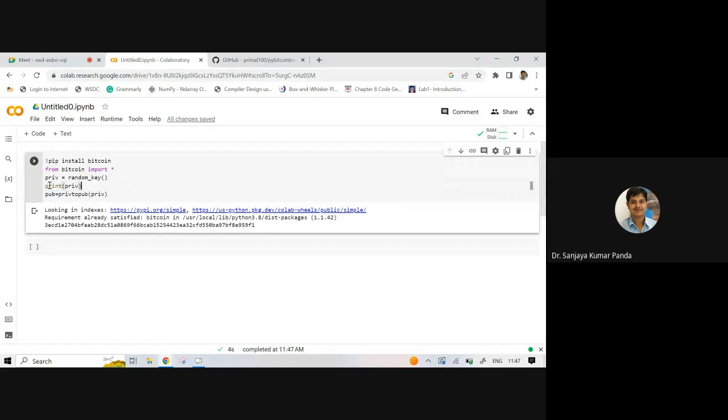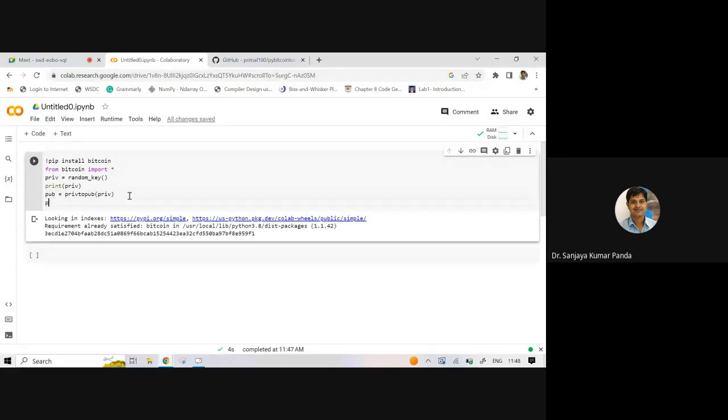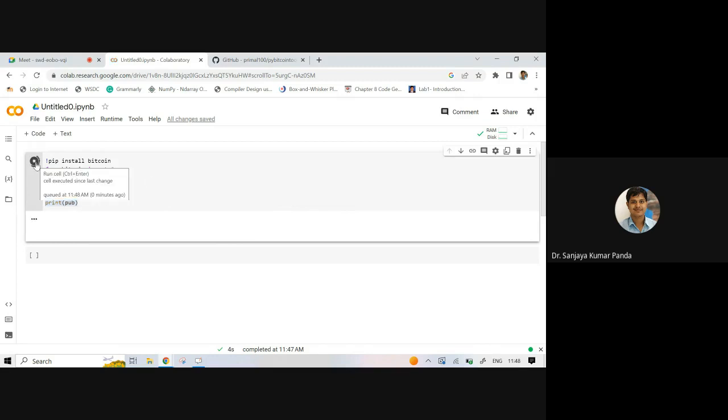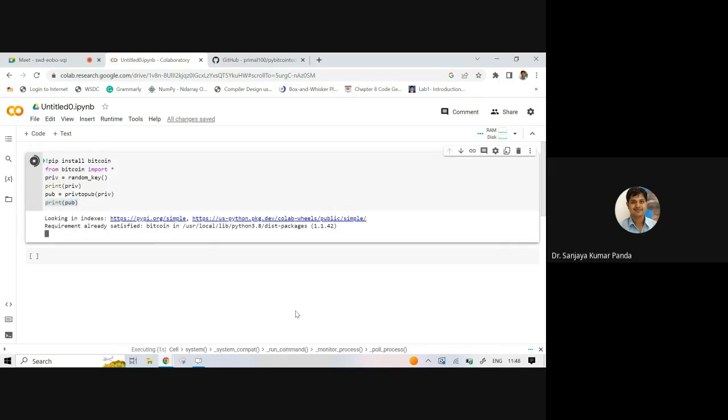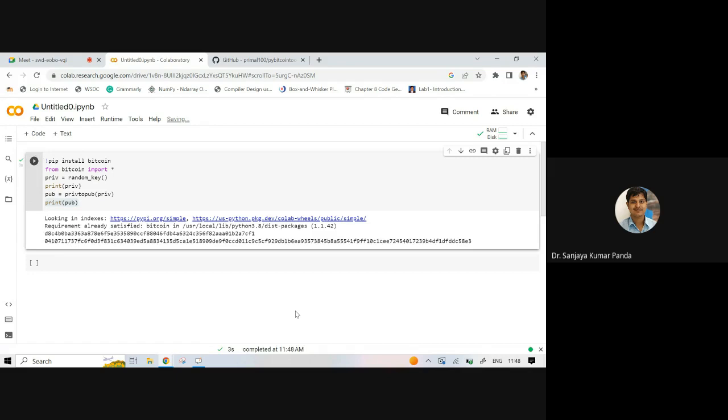Okay, and I want to print the private key. Sorry, I want to print the public key. Here you have printed the private key. Here it is a public key. So the public key is more size in comparison to the private key. You can see here. So this is your private key, right?